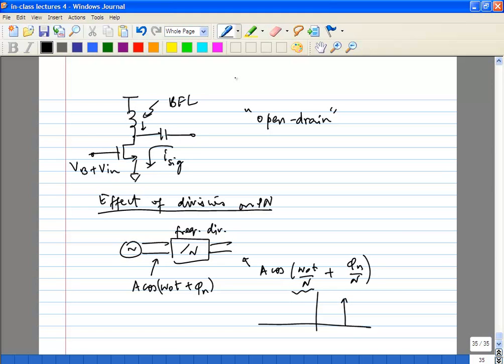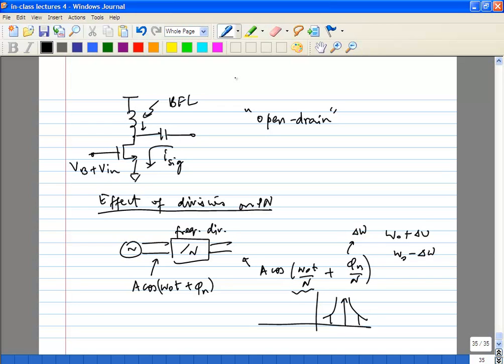And you'll have terms with cos of phi n and sine of phi n. Let's consider a small sliver of frequency delta omega of this phi n; that will contribute to phase noise at omega naught plus or minus delta omega.